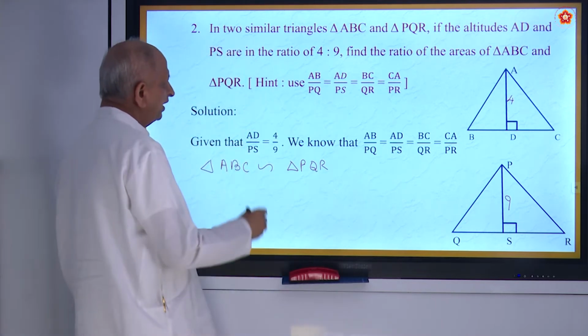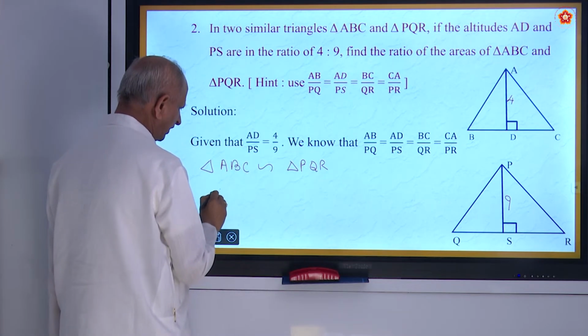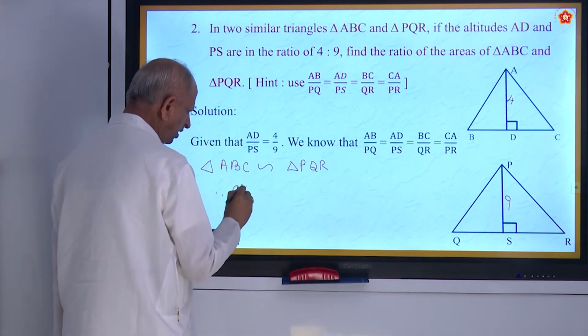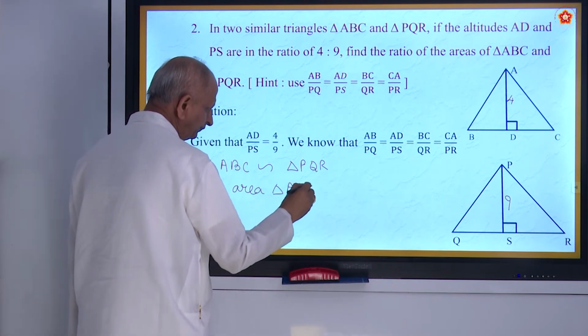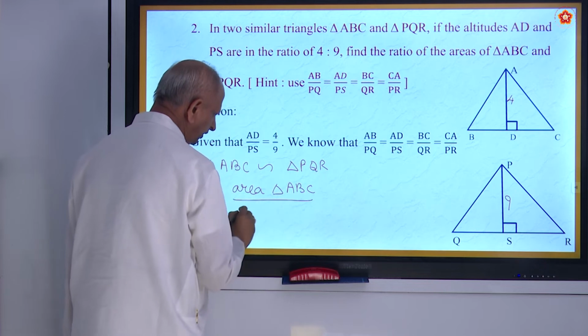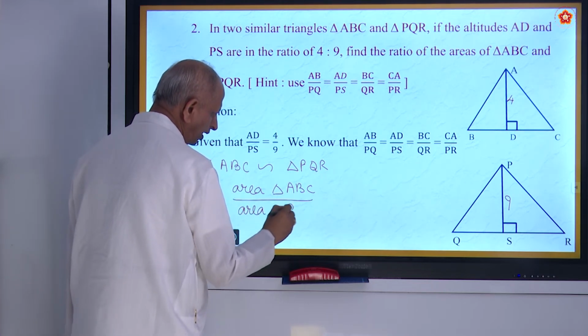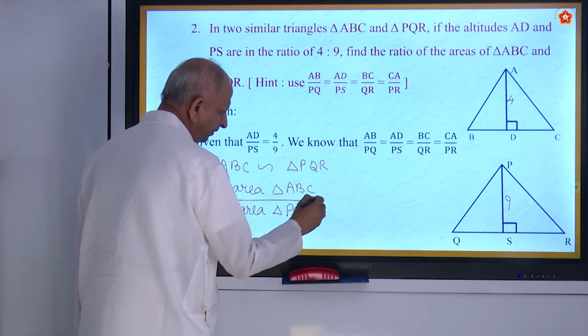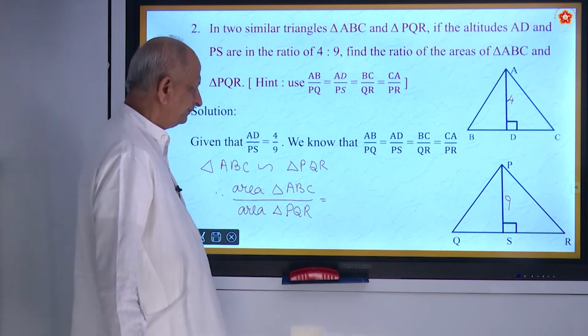So you are asked to find the ratio of areas. Therefore, area of triangle ABC by area of triangle PQR. So by the theorem of areas, what does it say?